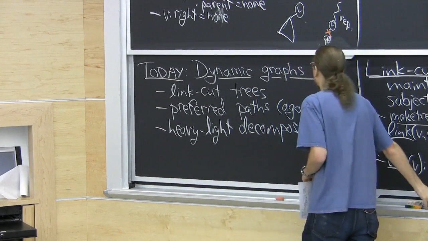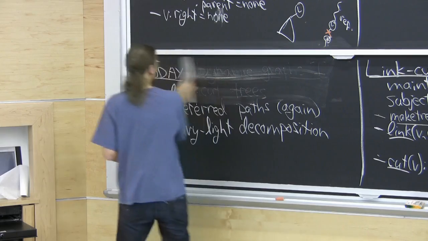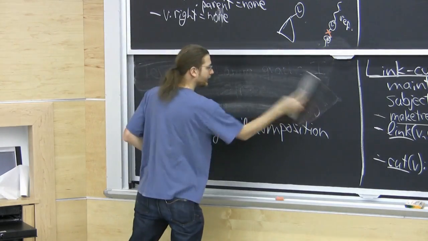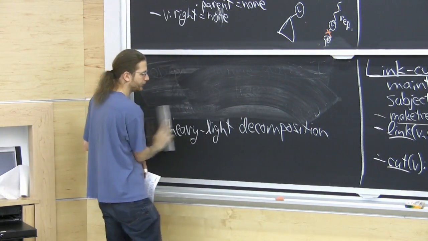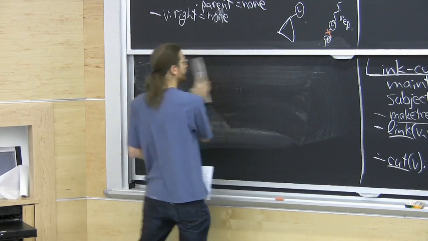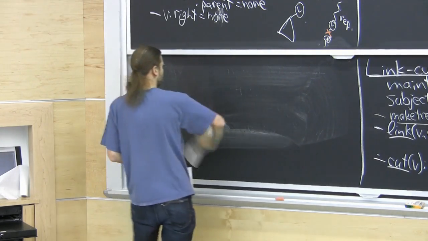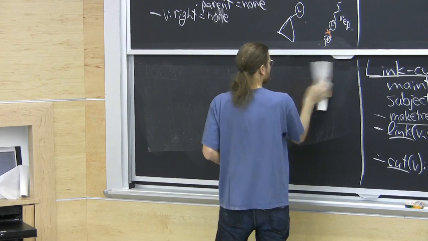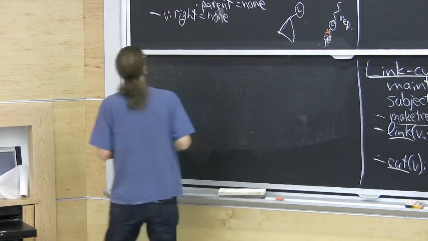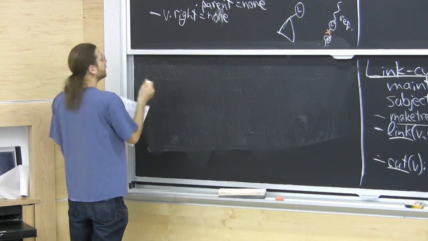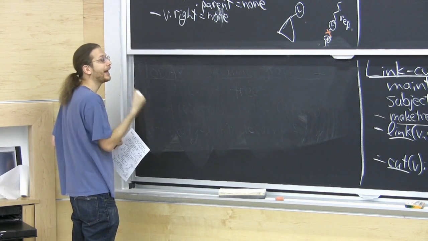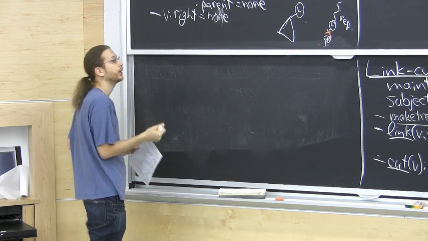Now we're going to walk up the tree. So I've seen everything on the outline except this heavy light decomposition. We'll come to that soon. Okay, so now we've got to walk up the tree and add new preferred child pointers.